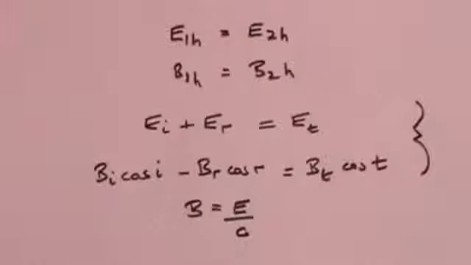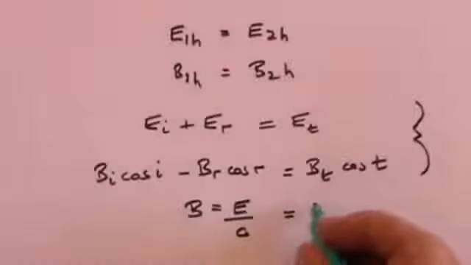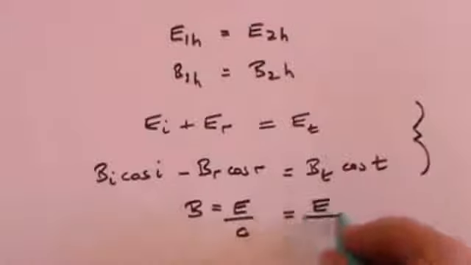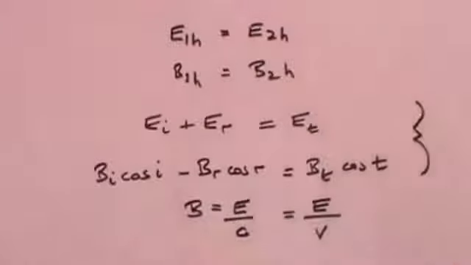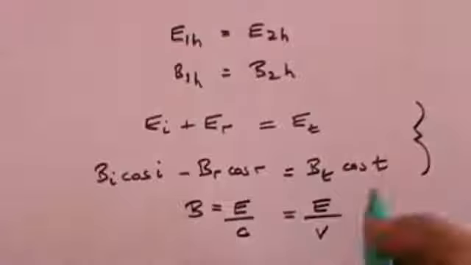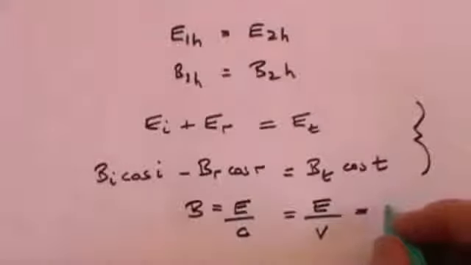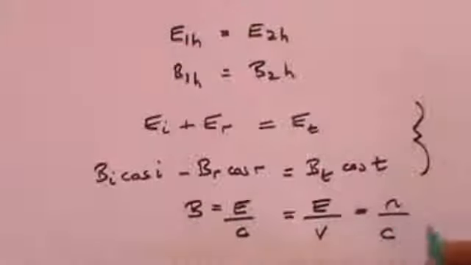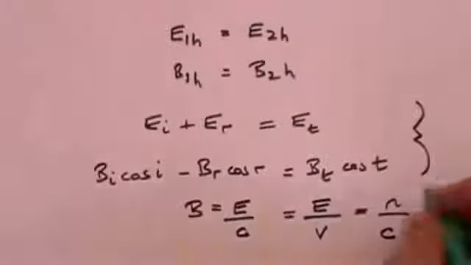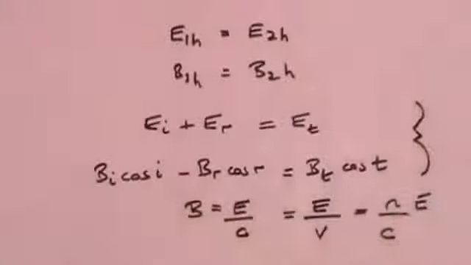But that is for vacuum. For a dielectric medium, it will be E divided by the speed of light in that medium, and the speed of light in a medium is equal to the speed of light in a vacuum divided by the refractive index. So this just becomes n over c, the speed of light in vacuum, times E.